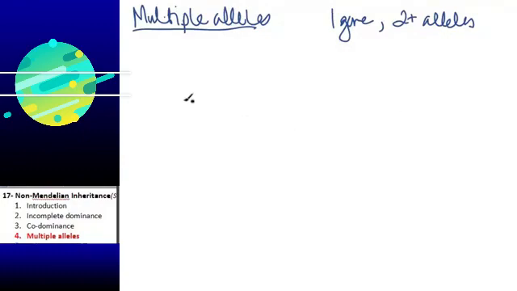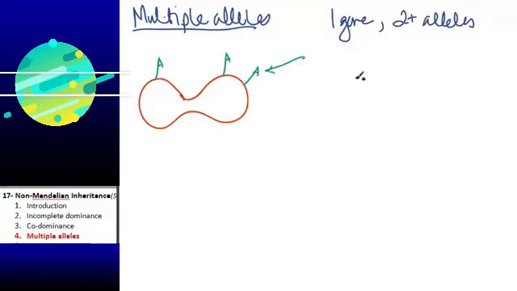Here we are. I'm going to draw you a blood cell. Your blood type exists because you have little protein substances called antigens embedded in the cell wall of your red blood cells. So this would be an example of an antigen.